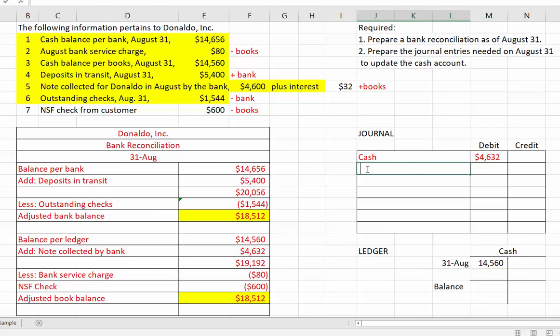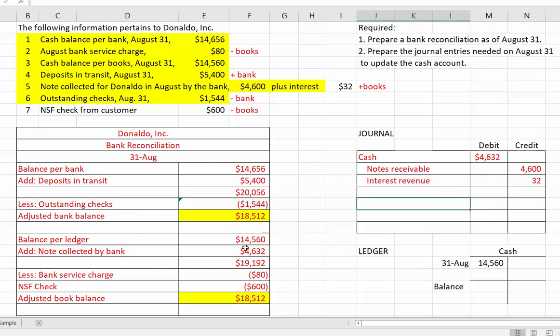Now, what are we crediting? We're crediting notes receivable for $4,600, right? The face value of the note. And then the rest, the 32, interest revenue. Okay, because we earned interest revenue on that note.